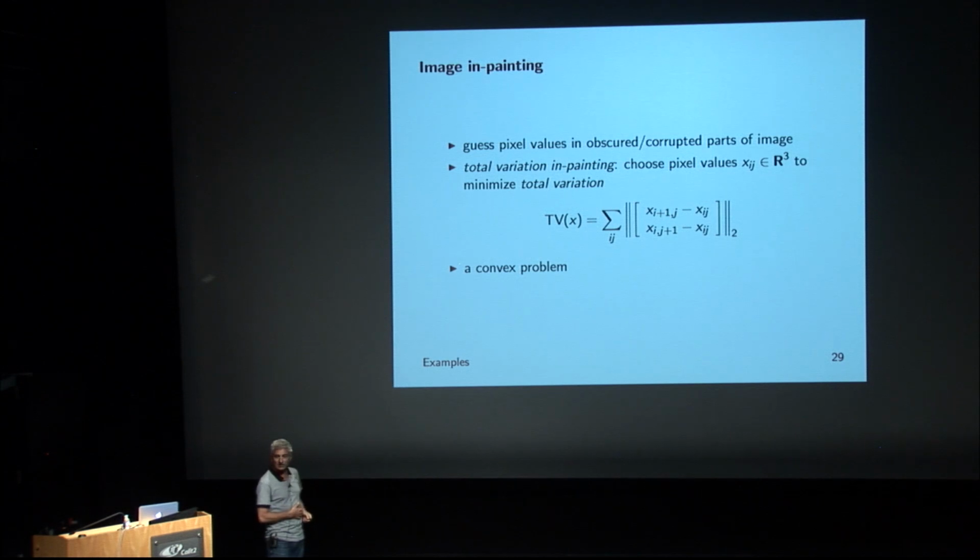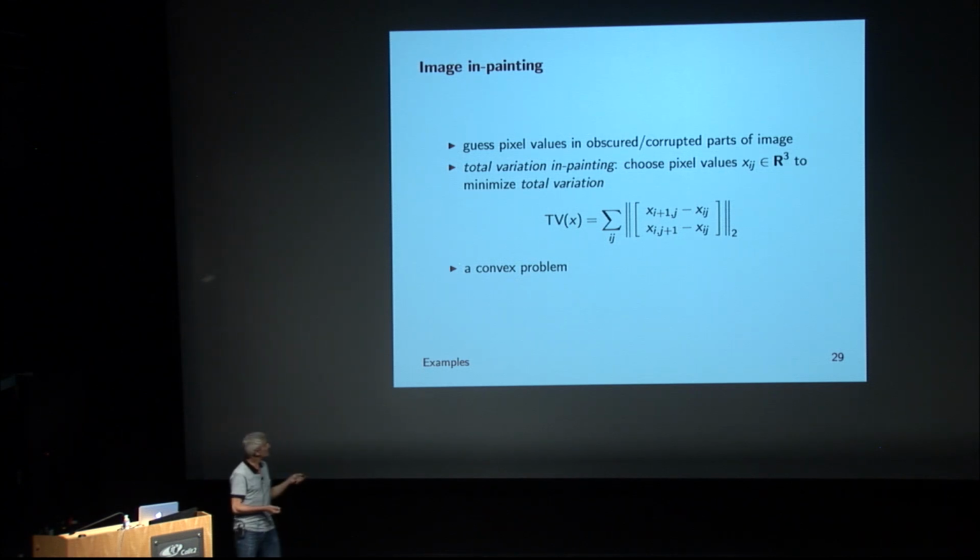And the total variation is this. X is a 3 vector. It's RGB, the red, green and blue, whatever color representation. This is the pixel to the right, and this is the neighbor to the right. So this is sort of like the derivative in this direction, and this is the derivative in this direction. You stack them together and you get a vector, and then you want to minimize the norm of the whole thing.